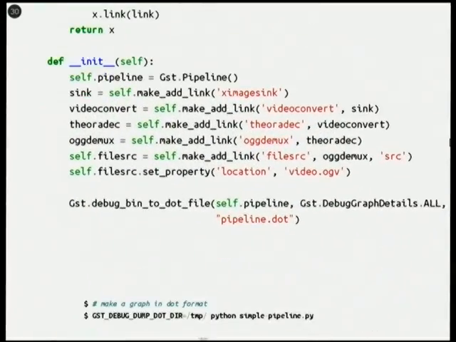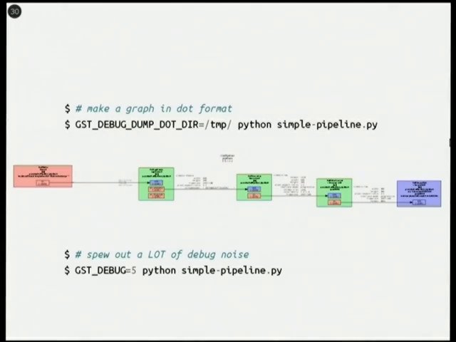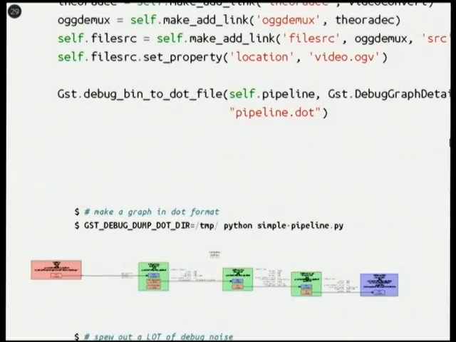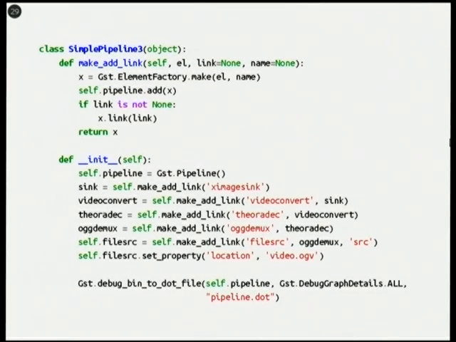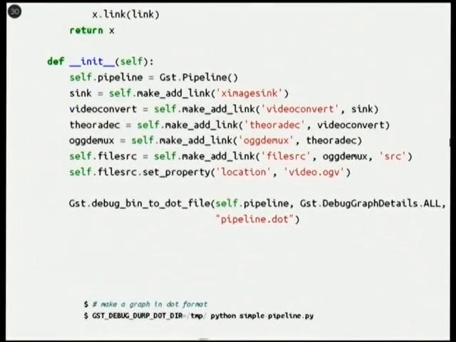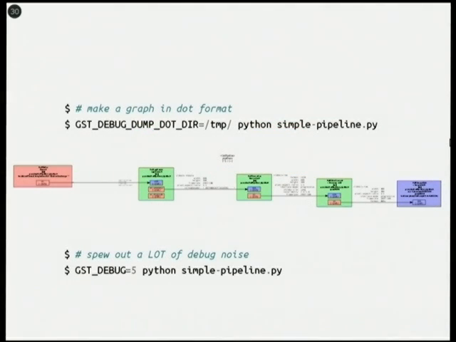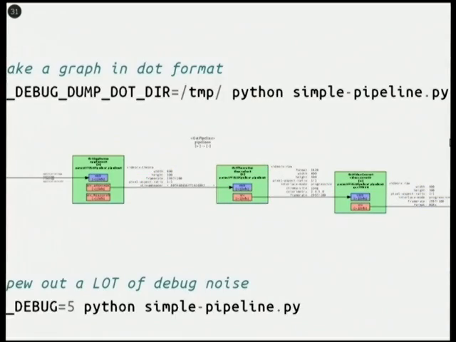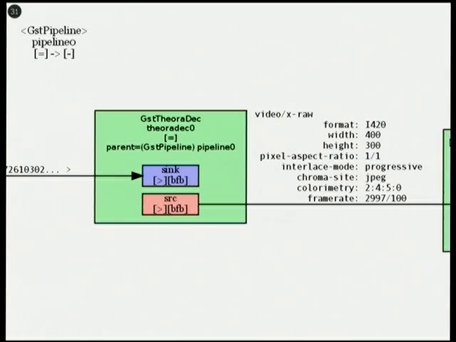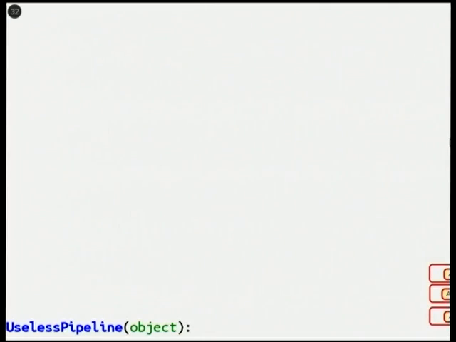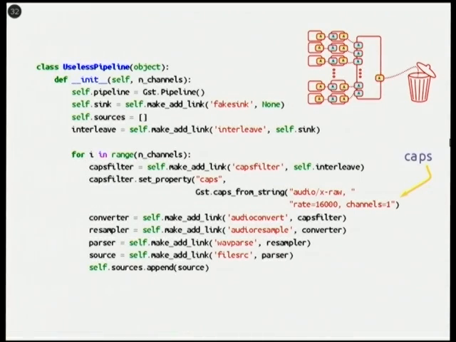Right, and did I have that in there? Yeah, that bottom bit here: if you do that, you can tell it to dump out a dot file that describes the pipeline you've made, so you don't need to draw your own in Inkscape.